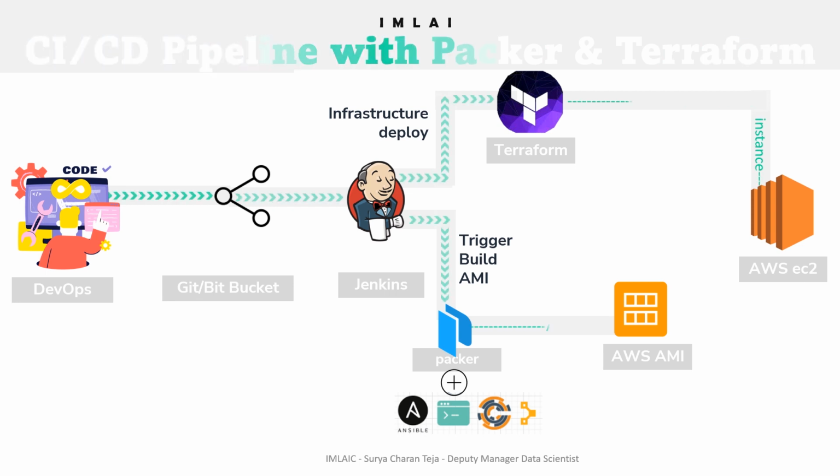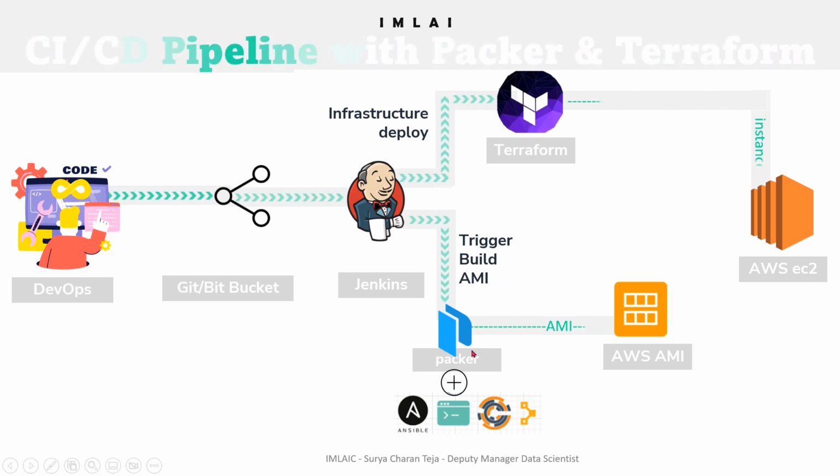Those new code changes have been pushed and committed to the code repository through Git or Bitbucket. Then Jenkins again triggers the AMI build through Packer. So now it's going to build a new, upgraded AMI.